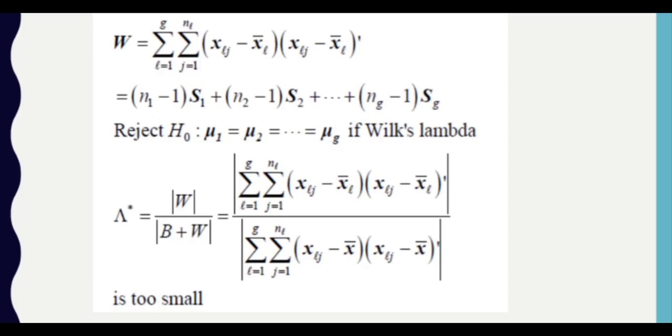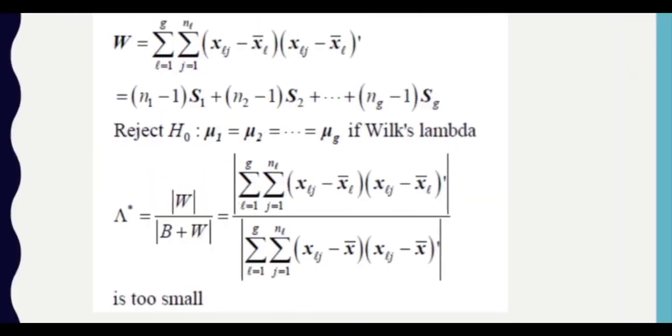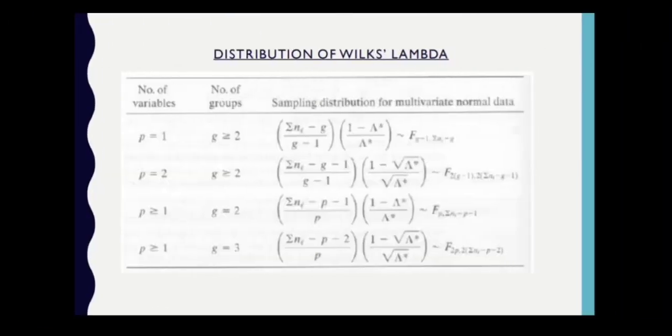So macam mana kita nak buat decision rule? Okay, betul sini. Macam mana nak buat decision rule? Okay, decision rule ada beberapa. It depends on how many variables involved and how many groups ataupun how many populations involved.